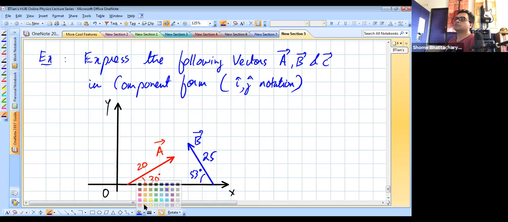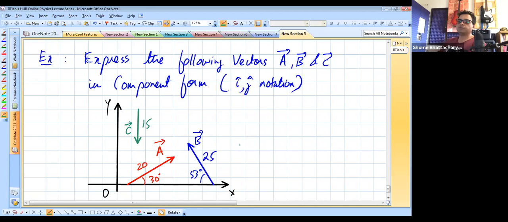And the third vector is, let's say, like this, C, and its magnitude is, whatever, 15. So we have got all three vectors in the geometrical form. That is, we know their magnitude and we know which direction the arrow is pointing in. Now we have to convert that information into the i cap j cap notation or the component notation, where we express each vector as something into i cap plus something into j cap.